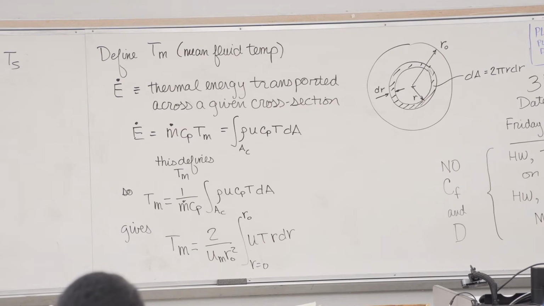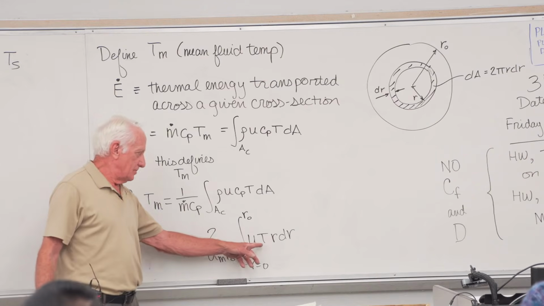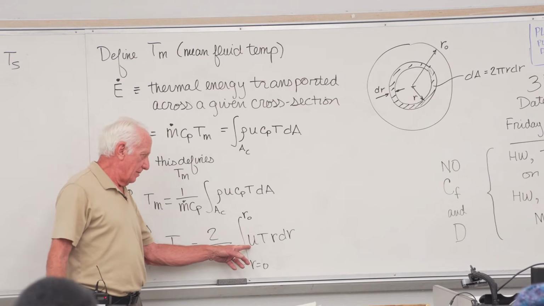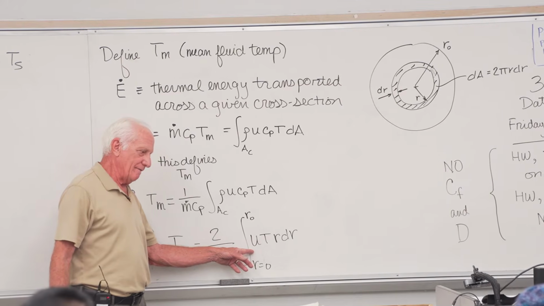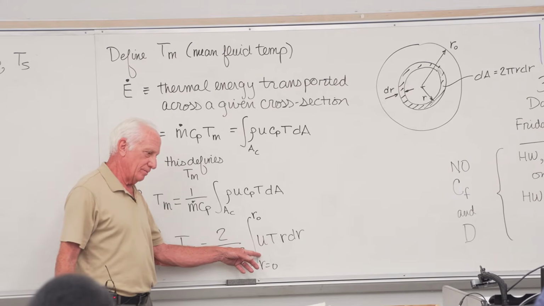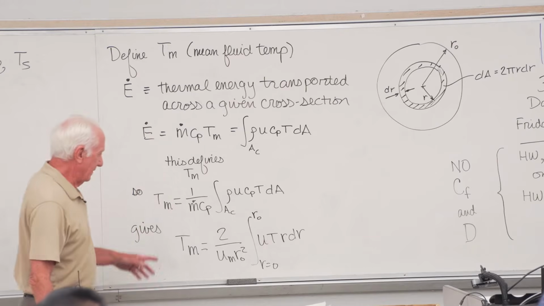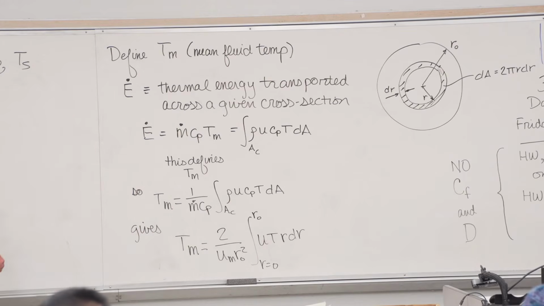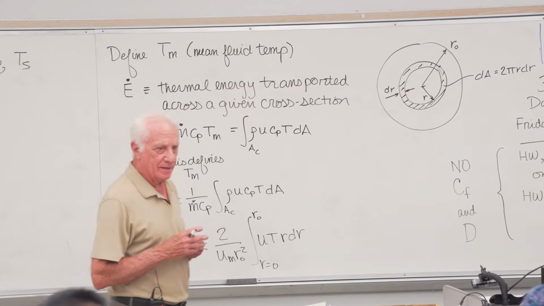So you could find that Tm at any location along that tube, but you need to know how the temperature varies with r and how the mean velocity varies with r. Plug it in there, integrate, and that would give you T mean. That's mathematically how we define the mean temperature.